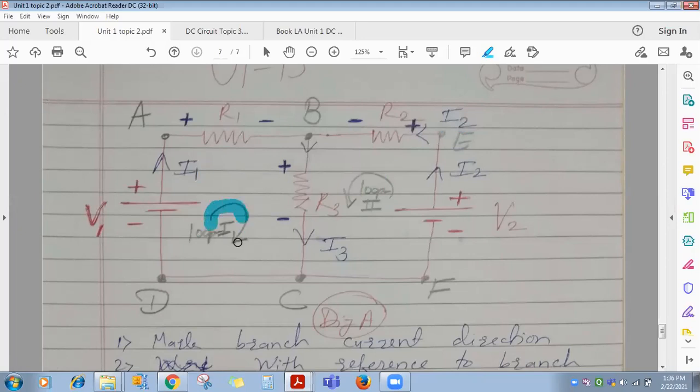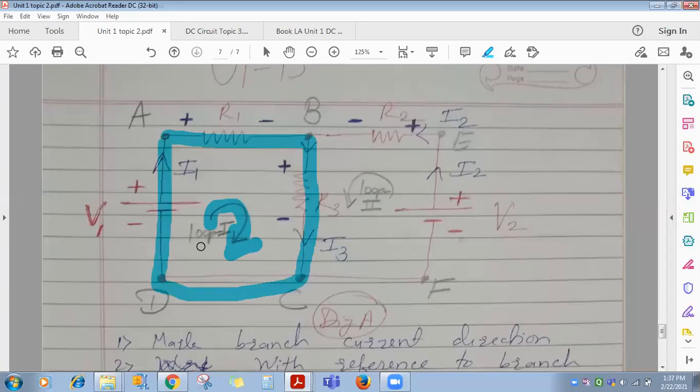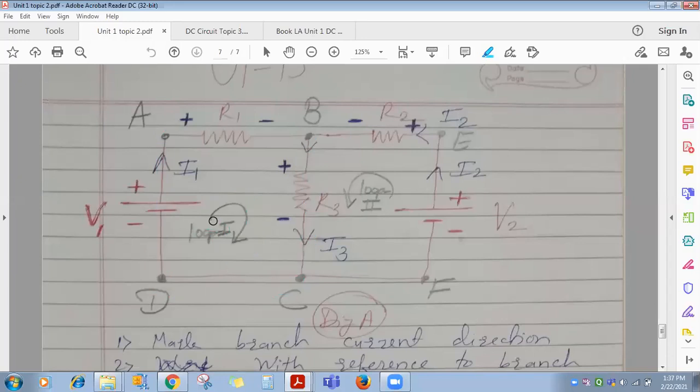All of you can see it's clockwise. Clockwise means you apply KVL to loop A, B, C, D, A, moving in the clockwise direction.